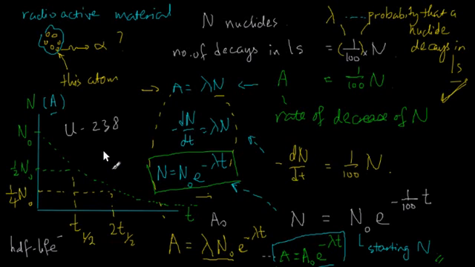Now, the half-life of uranium-238 has been determined to be a very long time, actually, a few billion years. Right, the half-life of this is extremely long. It's about a few billion years.